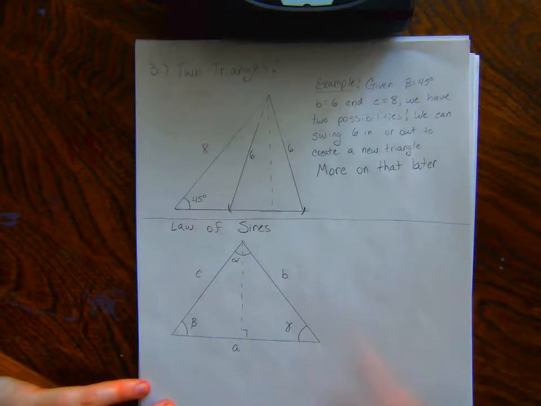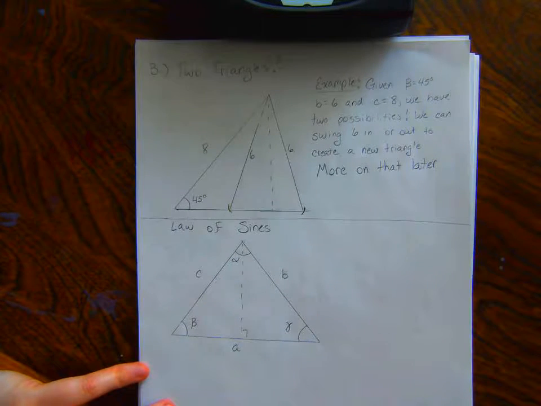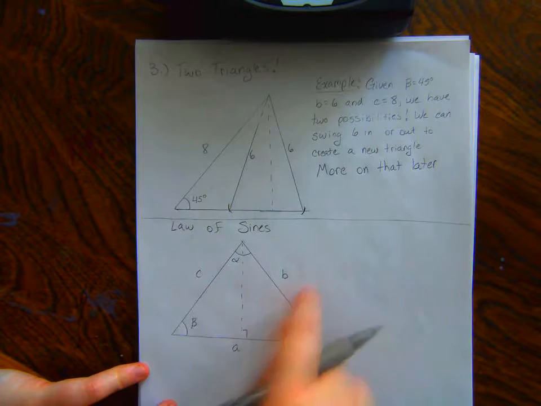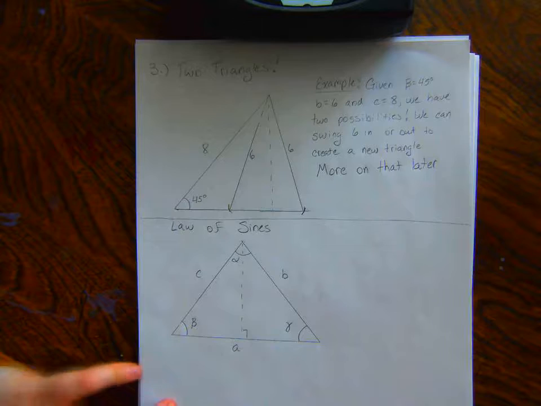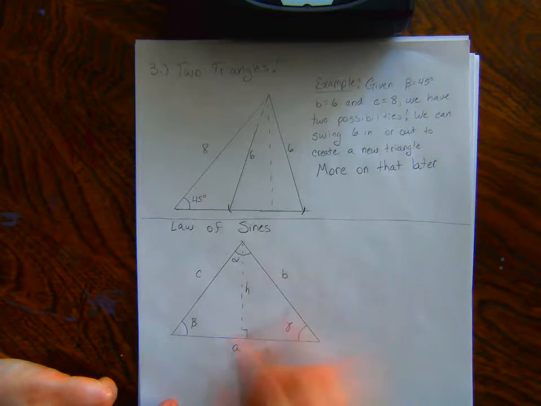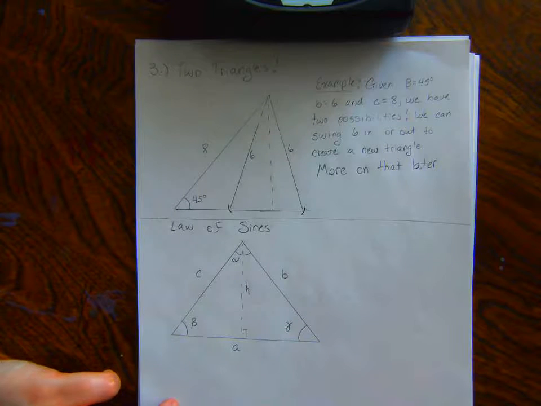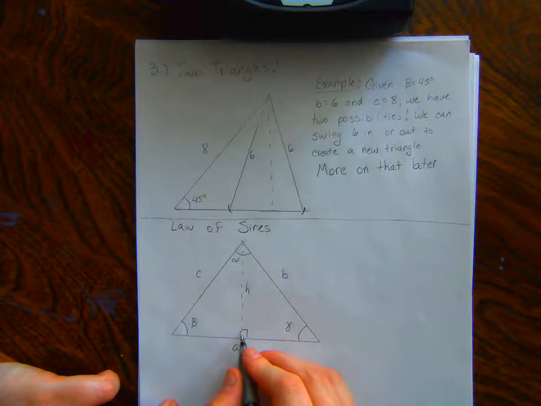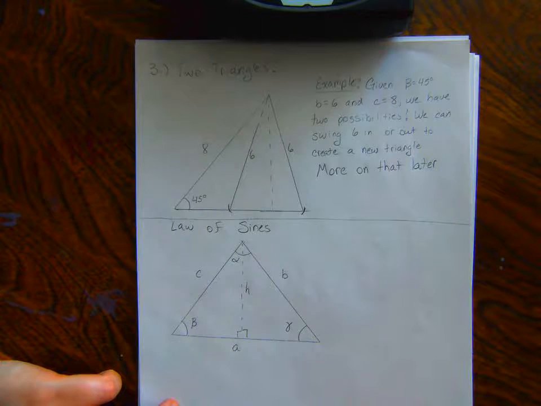Alright, let's get on to what the law of sines is. Let's say we have an oblique triangle with standard labeling, and I'm just going to label this dotted line here H. So that's going to be the height of my triangle, and it's going to create a right angle here. That right angle is going to be on both sides.